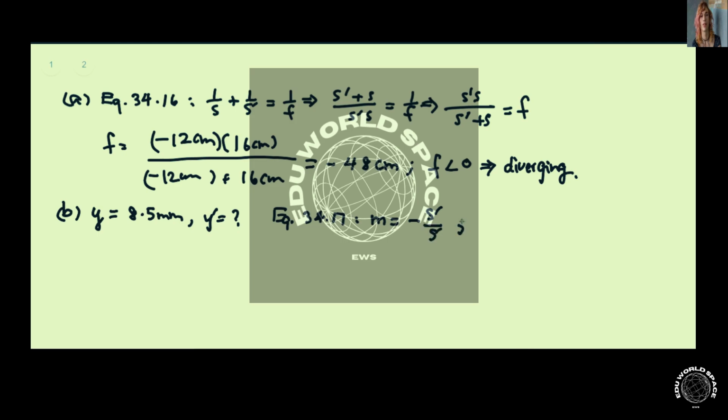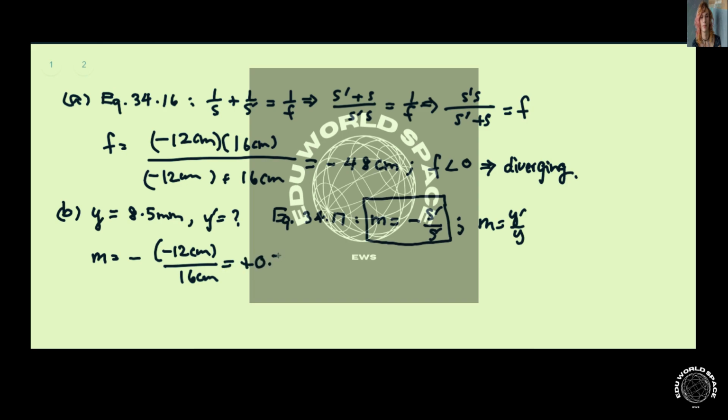We'll also make use of m is equal to y prime over y. But for now, let's focus on this part of the equation. So m is equal to negative negative 12 centimeters over 16 centimeters, and that's positive 0.75.